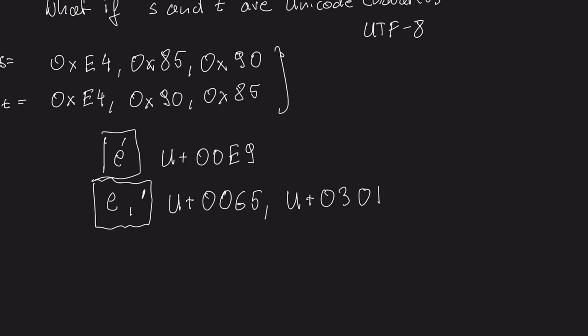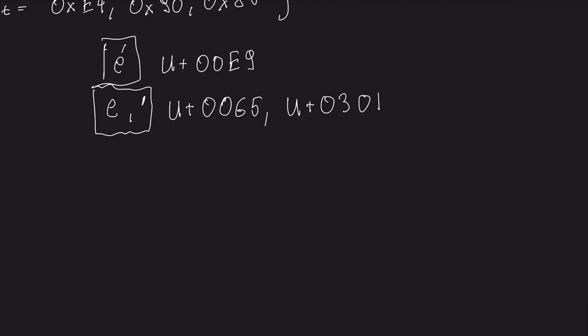When we process the Unicode strings which contain that specific letter, but the letter is encoded differently in, let's say, string S than in string T, we would not be able to do it by just looking at the values in the string. We would need to have a layer of implementation that is able to understand those encodings. And the simplest way would be to process both strings and normalize them to one encoding.